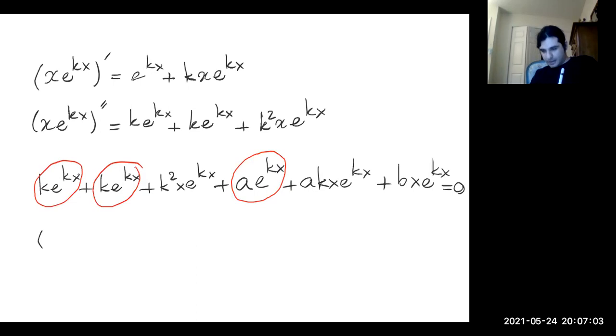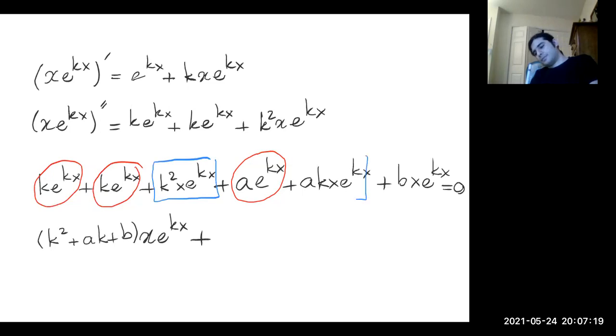So we have k squared plus ak plus b times x e to the kx, which are these terms. And then the remaining part is 2k plus a times e to the kx.